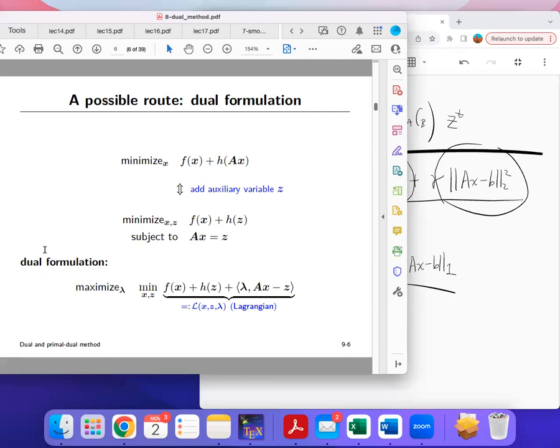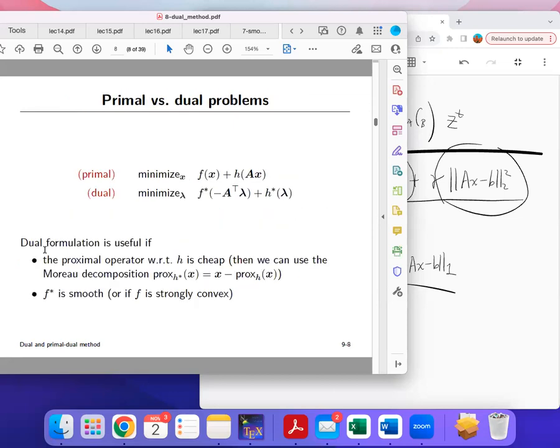How do we start from the primal problem, and how do we construct and get to the dual formulation by introducing the Lagrange multiplier? Okay, max, min, max. This is a very important idea in optimization theory.